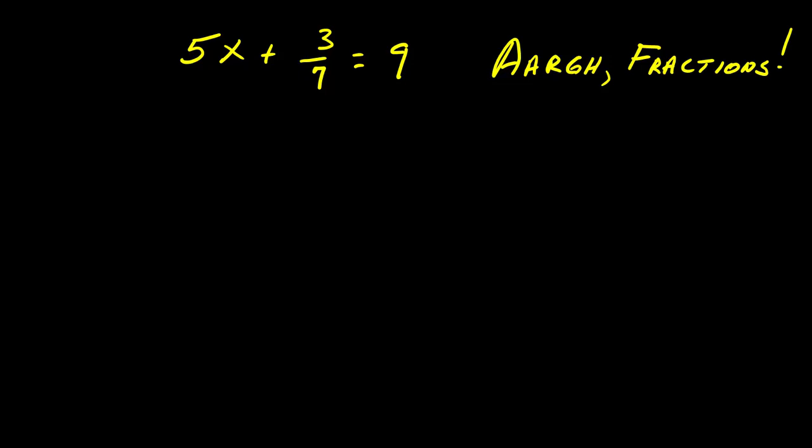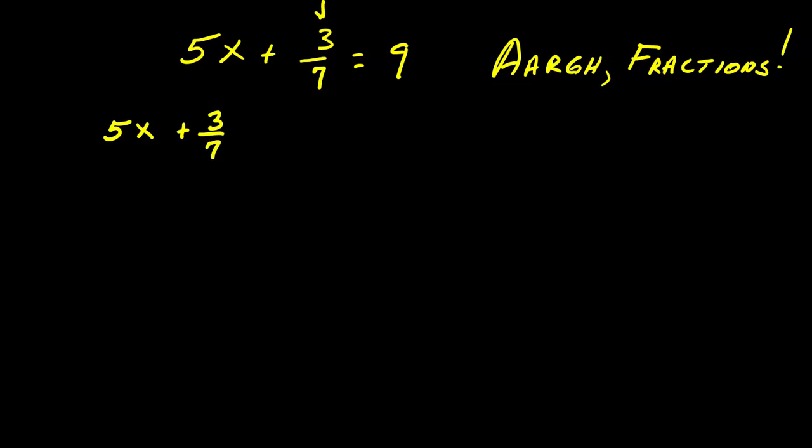In this first technique, we'll harken back to the first video on this, and in that video we showed that it's easiest to solve these equations if you get rid of the constant term first. Let's go ahead and do that. 5x plus 3 over 7.